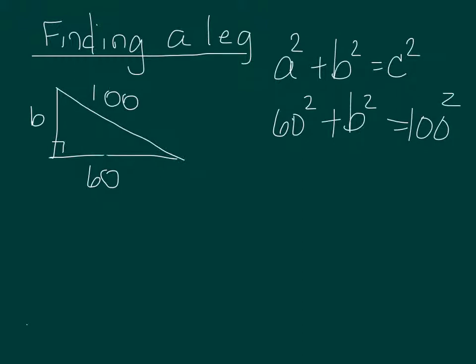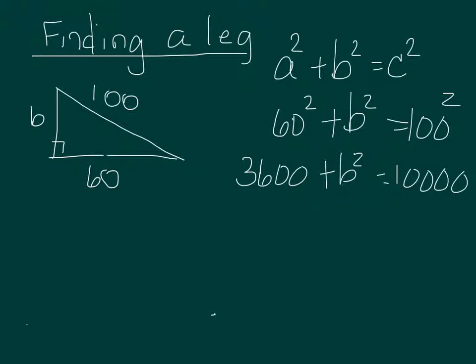So now let's do this. What is 60 squared? Right, 3,600 plus B squared. And what's 100 squared? That's right, again, 10,000.